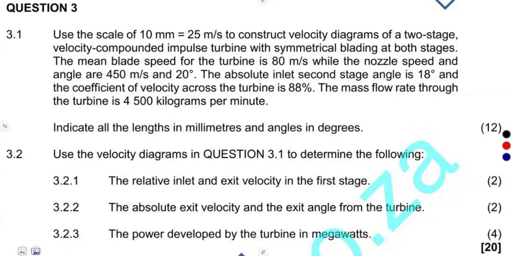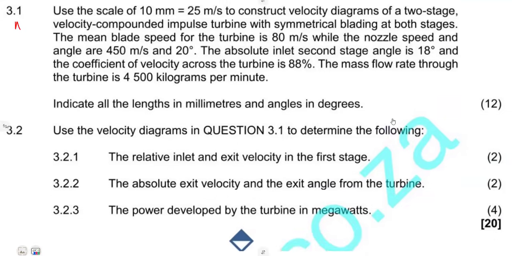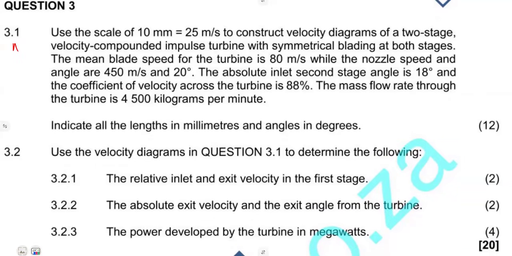In this question, we are given part of our steam turbines exam, 2026. So we are given question number 3.1. They gave us a scale, and with this information, let's see what we are given.